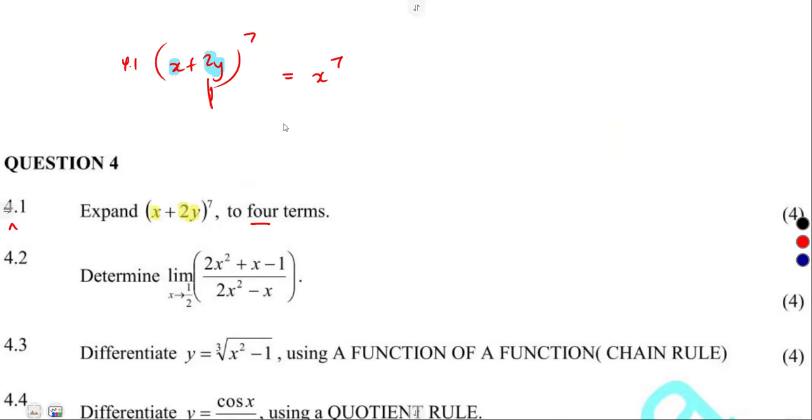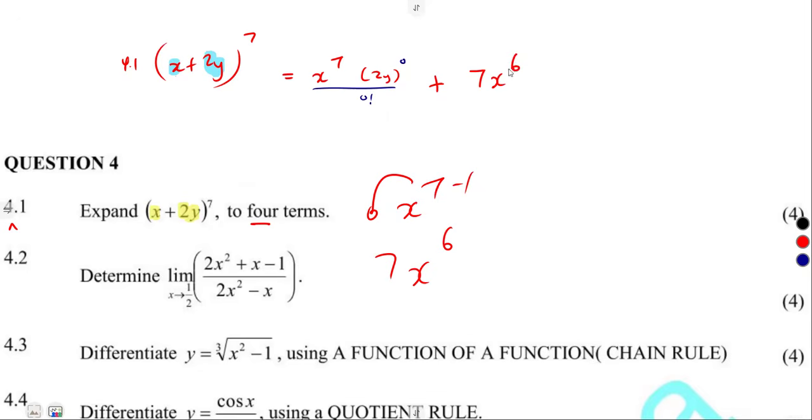Then 2y is useless because it is raised to the exponent of 0 for that moment, over 0 factorial. So plus, the part of x which we had, you drop the exponent, just like a derivative, x to the exponent of 7, you drop the exponent, then you subtract 1. So that's going to be 7x to the exponent of 6.